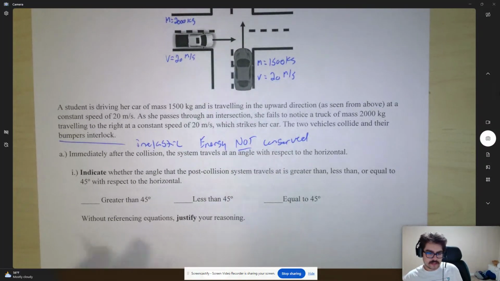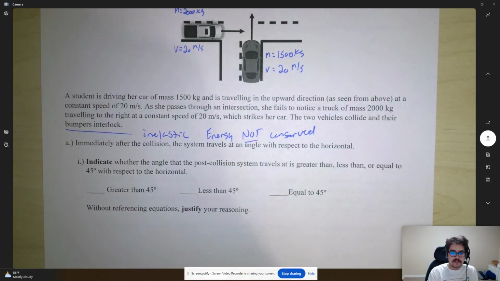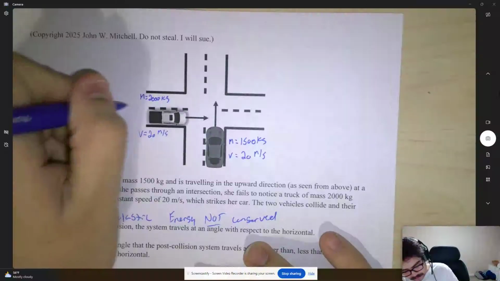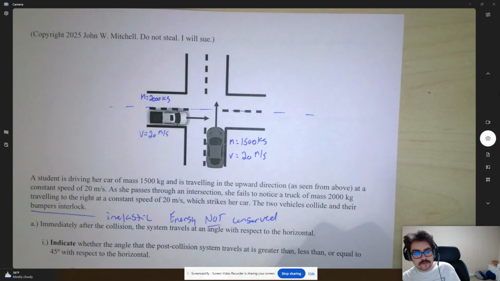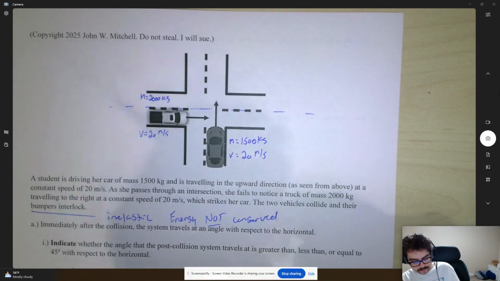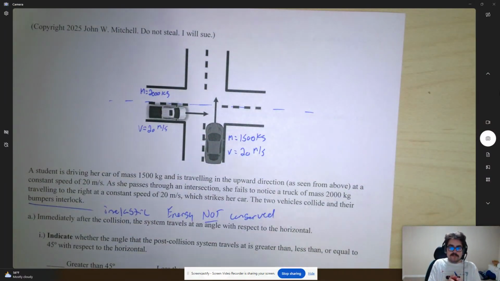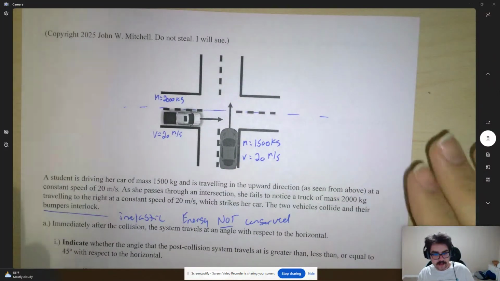Immediately after the collision, the system travels at an angle with respect to the horizontal. Indicate whether the angle that the post-collision system travels at is greater than, less than, or equal to 45 degrees with respect to the horizontal. When I'm talking about the horizontal, I'm talking like this. So when they collide, is the direction that the post-collision system is going to travel in going to be at a 45 degree angle?